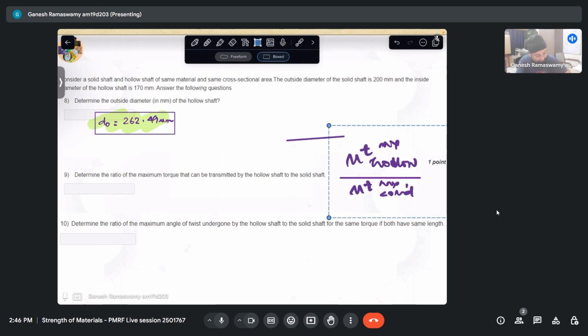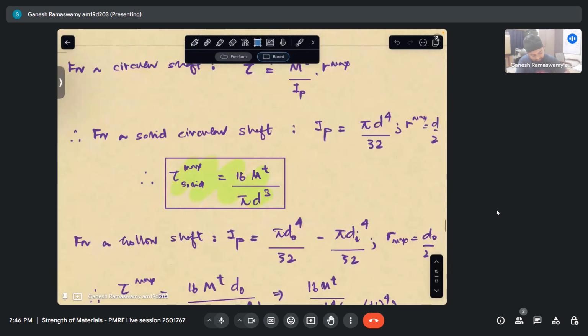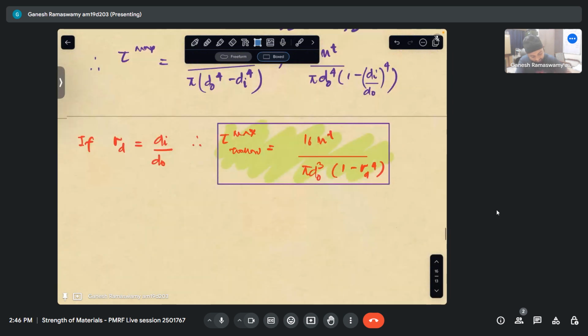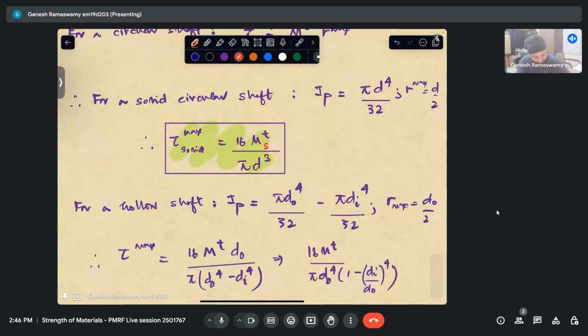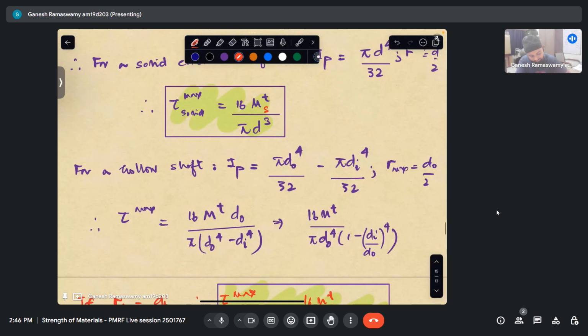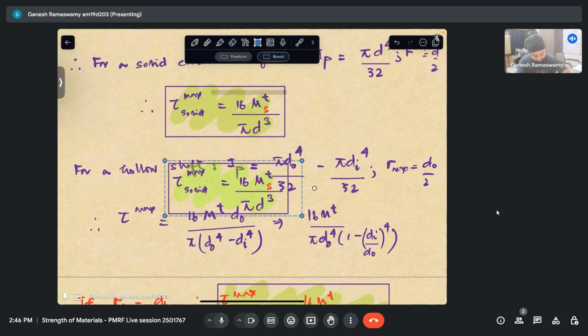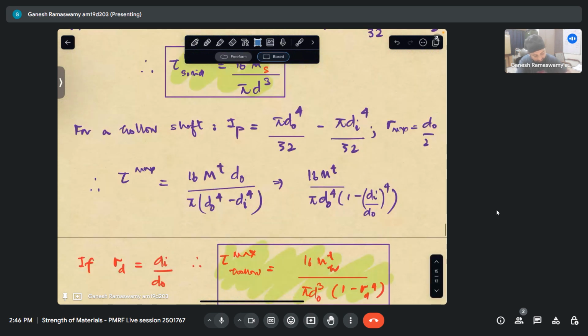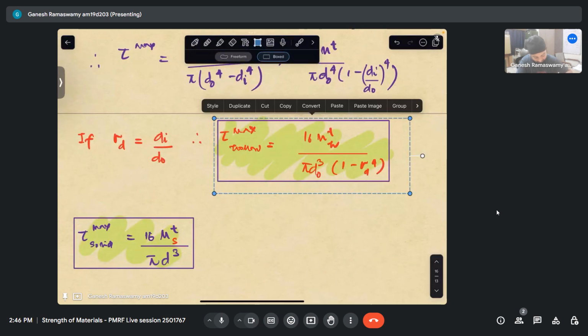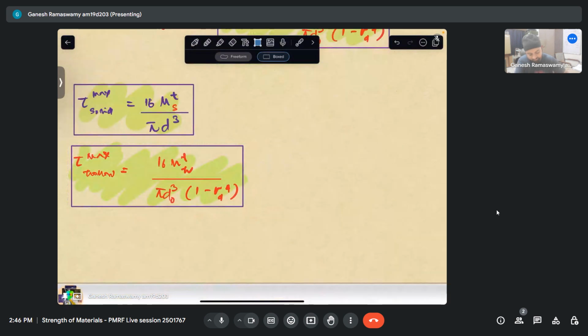So now let us evaluate. In fact, I'll just put this as a subscript. This is hollow. This is solid. So it is just a matter of taking the ratio. It is just a ratio of these two, but we have been told that it is of the same material.